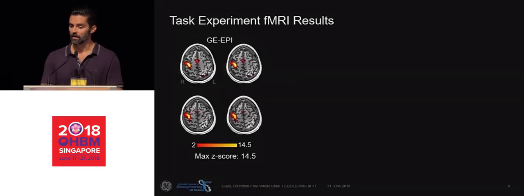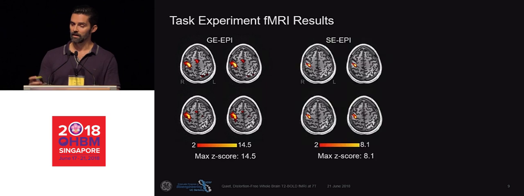So in looking at our task results, we see the expected contralateral BOLD activations in the right primary motor cortex in the gradient echo EPI, as well as in the spin echo EPI. Although you can see the spin echo EPI, because it's T2-BOLD sensitive, is going to have a lower sensitivity than the gradient echo EPI, but is also more specific to the gray matter.